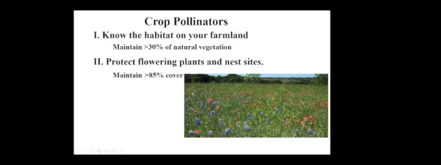If you put in certain non-native plants, you will attract generalists, such as honeybees. But native bees are not interested in non-native plants. They are looking for native plants. If we protect the flowering plants from insecticides and maintain more than 85% cover like in this picture, that is perfect for the native pollinators.